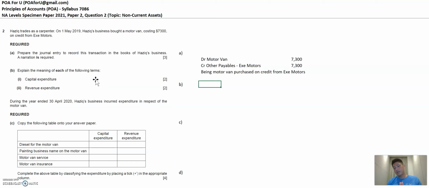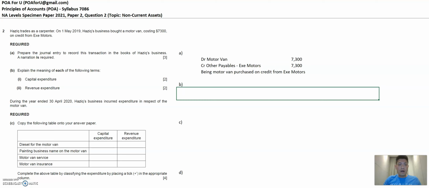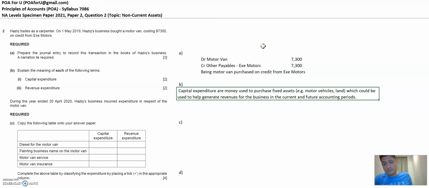Like a motor van that could benefit the business not only for this financial period, but for next year, for the following year, etc. So it's got this long-term nuance to it, and it helps generate revenues for the business, because Haziq in this case could take the motor van to run different errands, to solicit new business, and to help operate the business. So I would describe capital expenses as money used to purchase fixed assets, which could be used to help generate revenues for the business in current and future accounting periods.